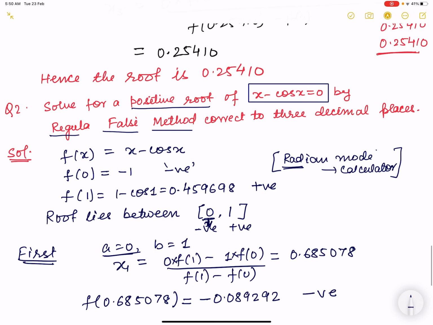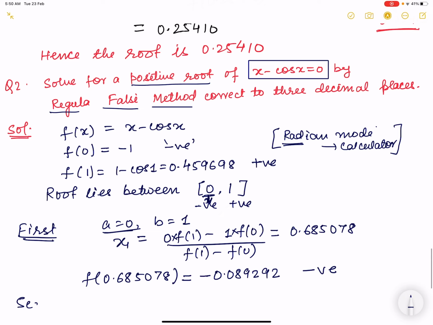So since it is negative, we are going to change this negative end, because at 0 it is negative. So in the second iteration, we'll take a as 0.685078 and we'll take b as 1.